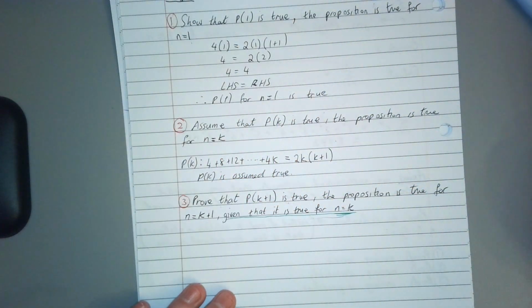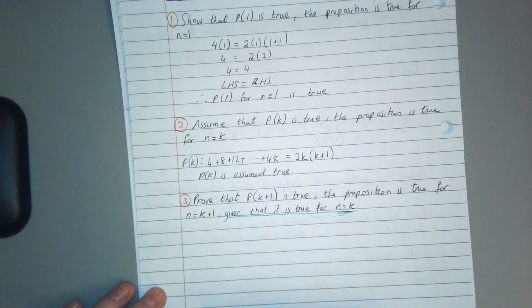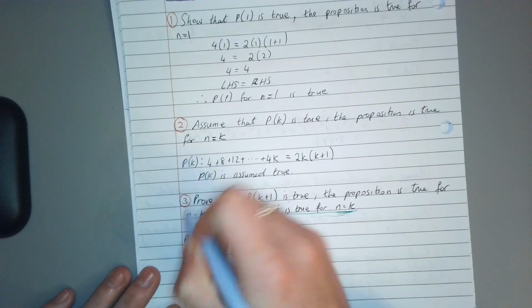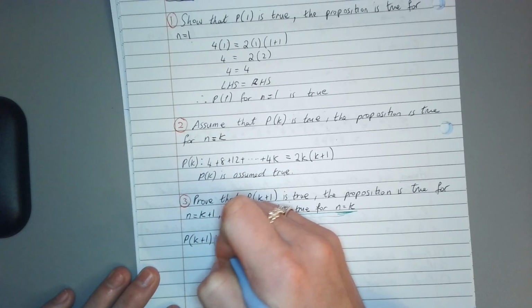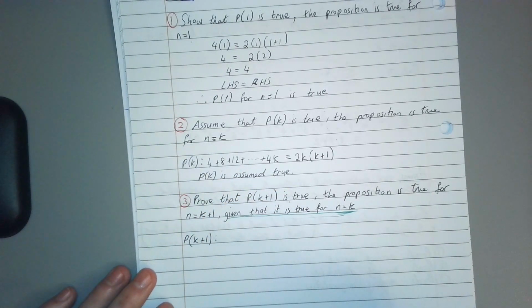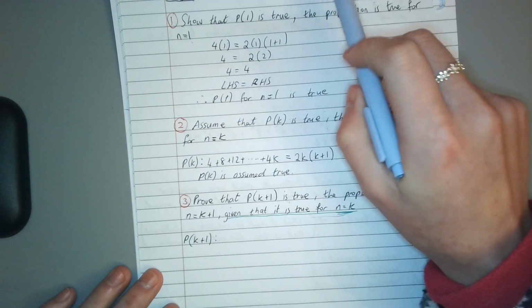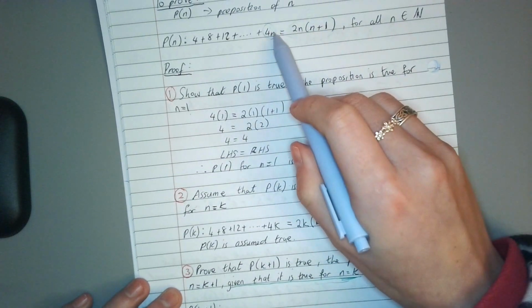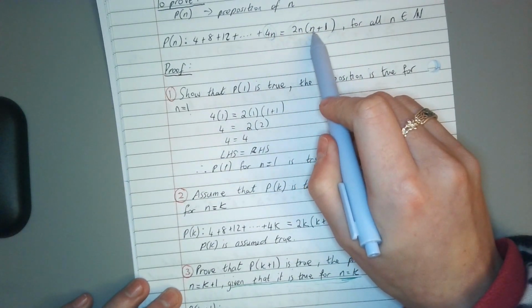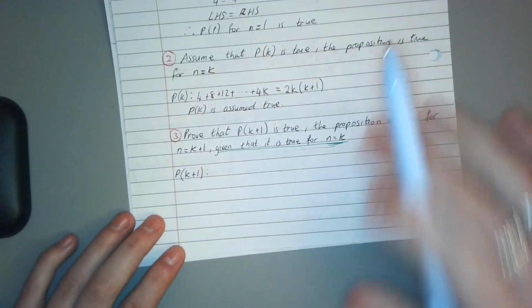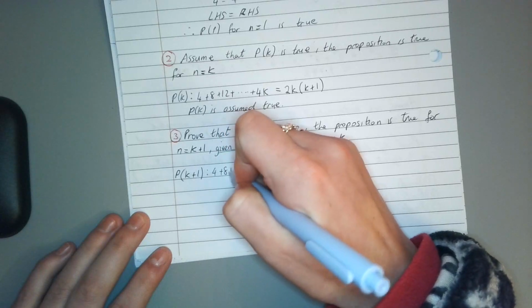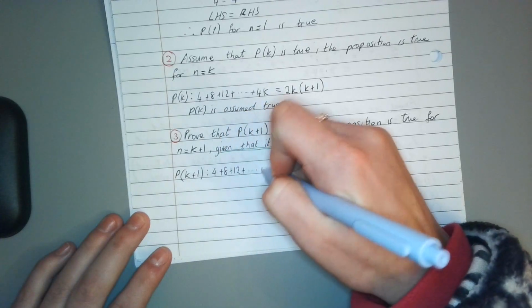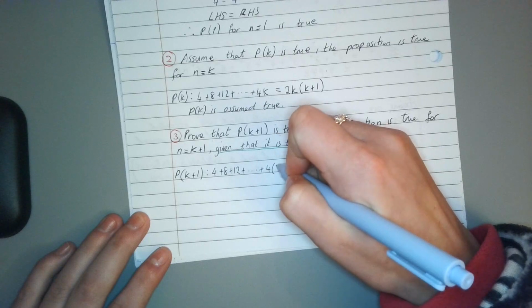Okay, so what we'll do then is we'll have the same as up here. Instead of the proposition of k, we have the proposition of k plus 1. And for everywhere you see n, we're now putting in k plus 1 instead. So we've got 4 plus 8 plus 12 plus dot dot dot plus 4 bracket k plus 1.